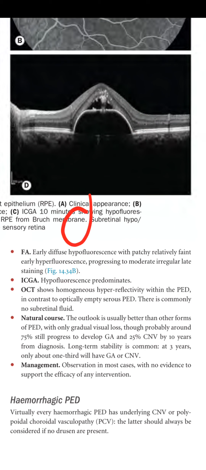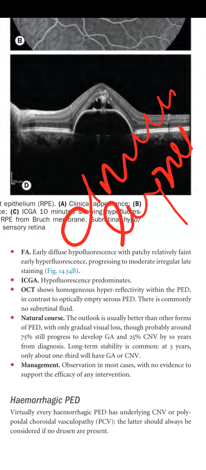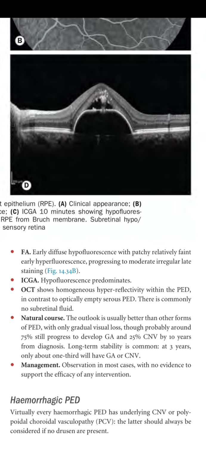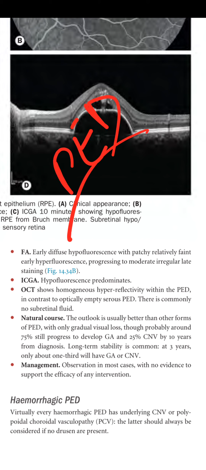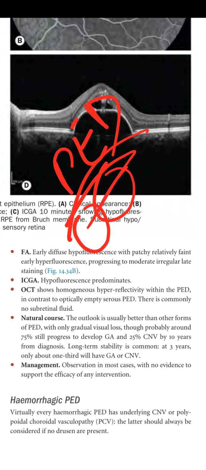So drusen are hypofluorescent, especially when there is a higher lipid content, because they will block the background fluorescence. OCT shows homogeneous hyperreflectivity within the PED in contrast to the optically empty serous PED, and there is commonly no subretinal fluid. So basically beneath the PED you can see homogeneous hyperreflectivity.